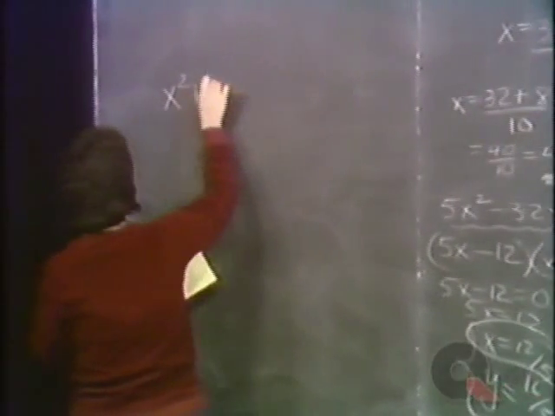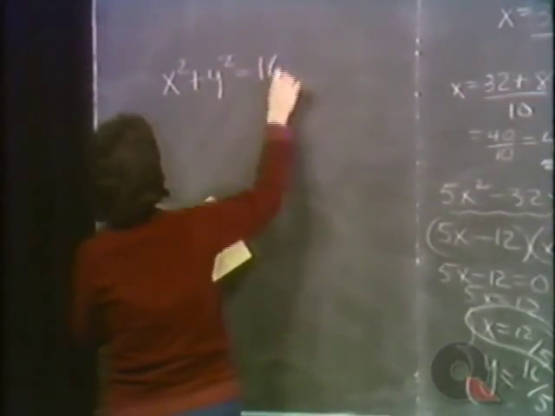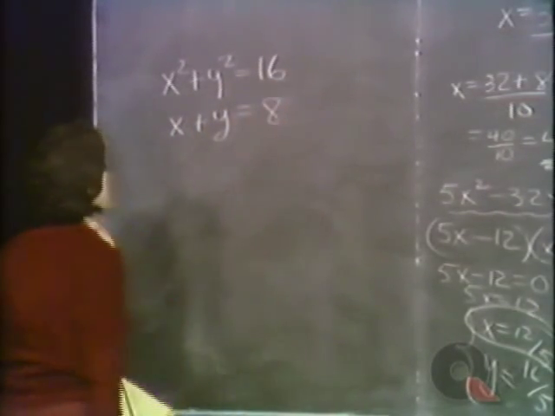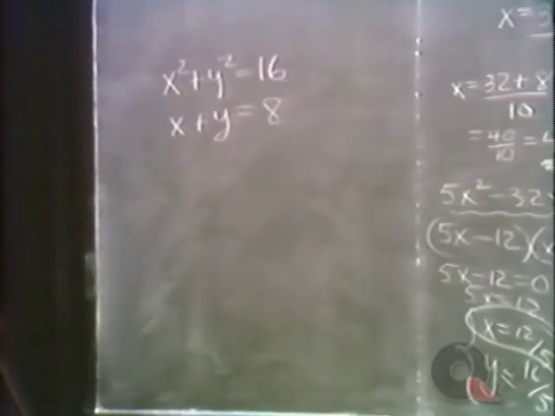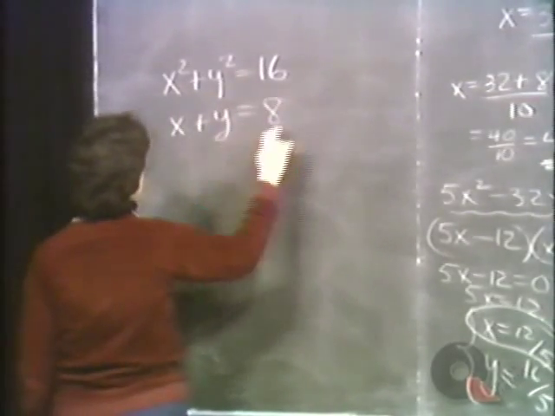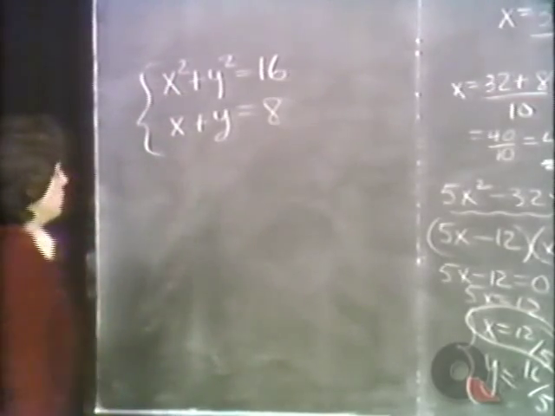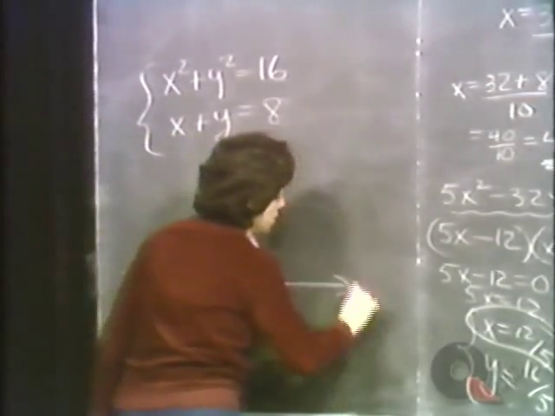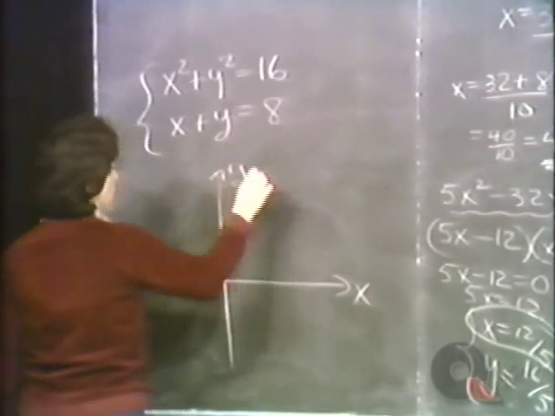x squared plus y squared equals 16. x plus y equals 8. Okay, this is a circle, and this is the equation of a straight line. Let's first try to do it graphically.